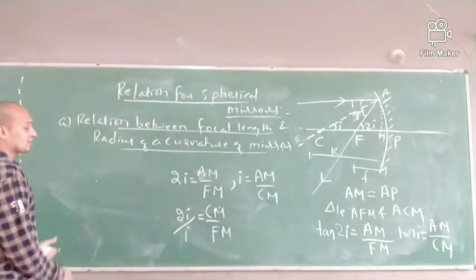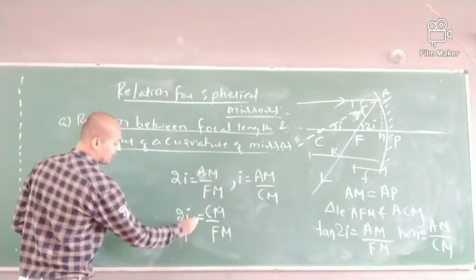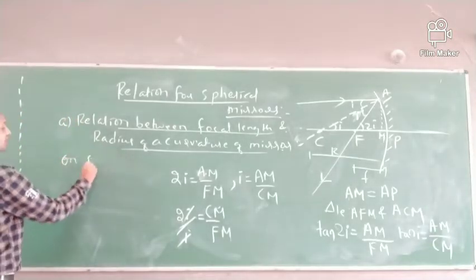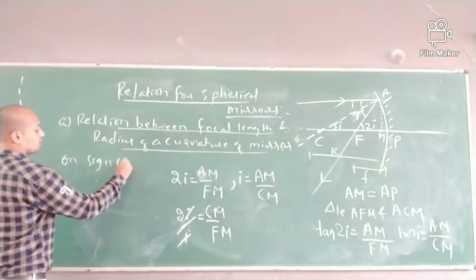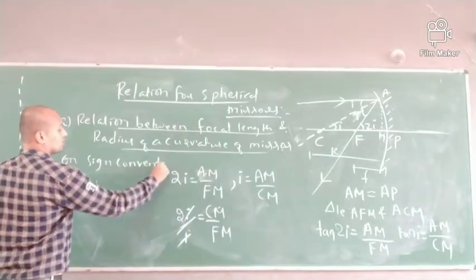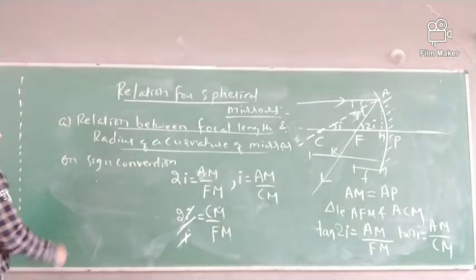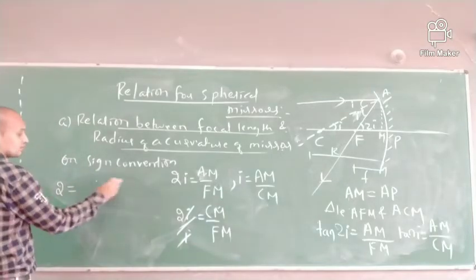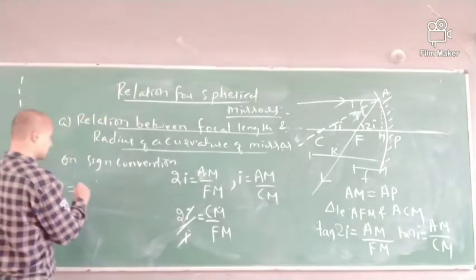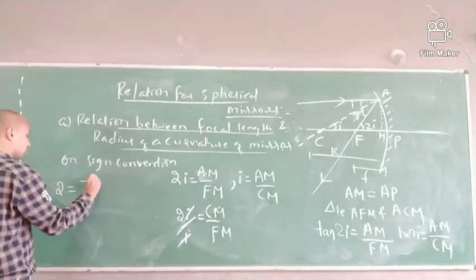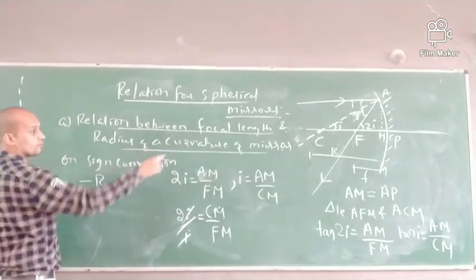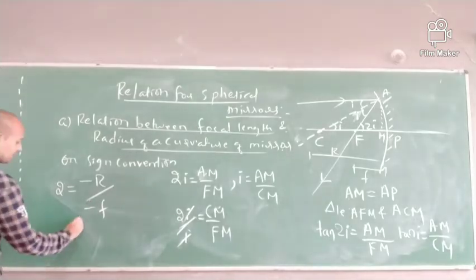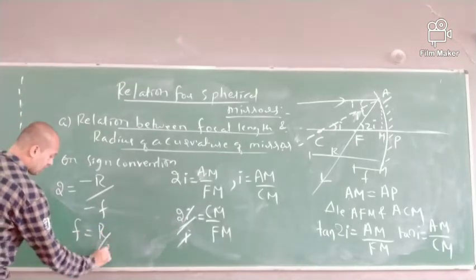By applying sign convention, CM is minus R, FM is minus F. So the result will become F is equal to R by 2.